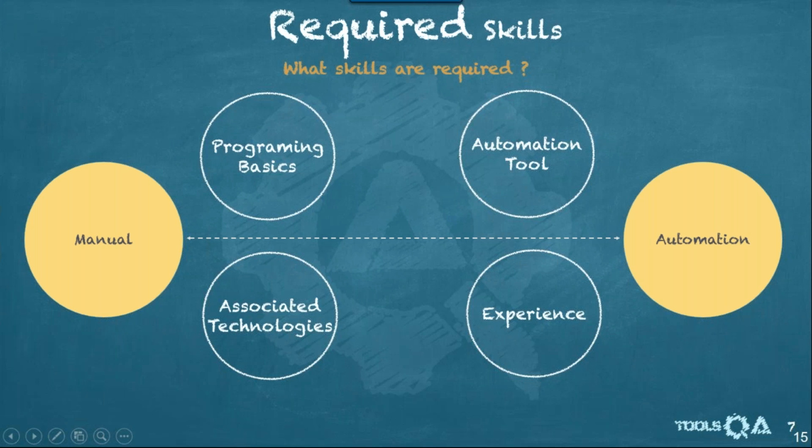So these are the four things, and this is the order. You have to start with the programming basics, you have to land up on the automation tool that you want to learn, then you have to find out the associated technologies. For example, in case of Selenium, the associated technologies are TestNG, which is a testing framework, JUnit, which is a testing framework. Then you have Apache POI, which is basically an Excel reading and writing jar that you can use to manage test data in an Excel.